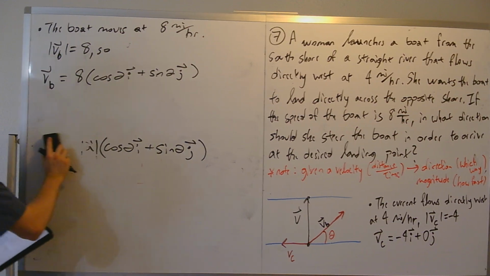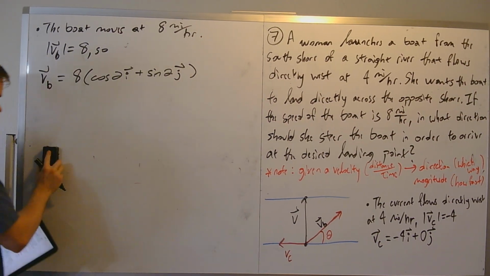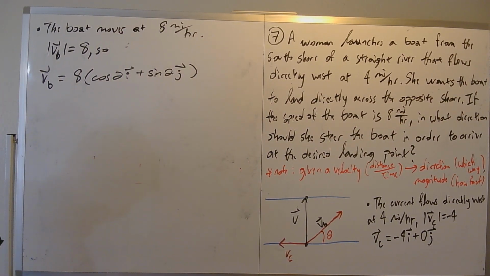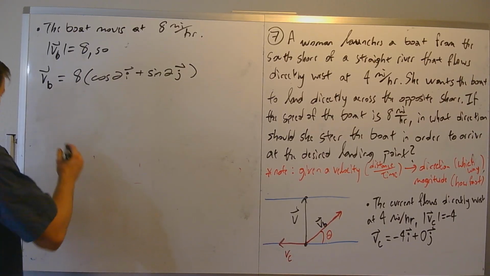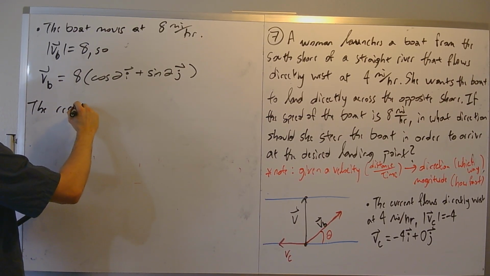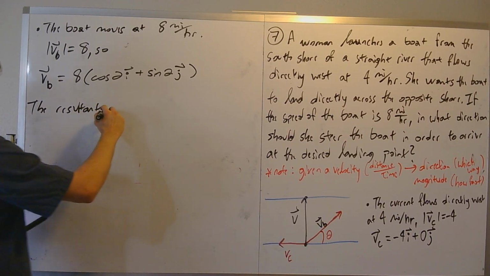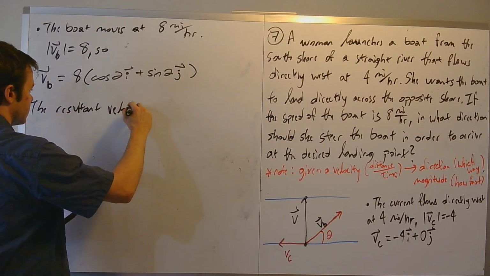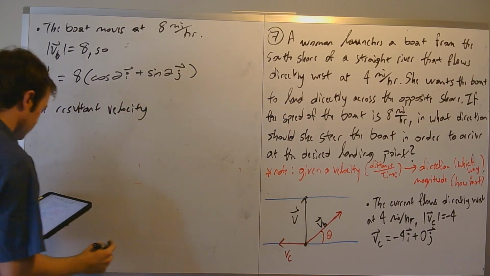So our next part of the problem is going to be to say the resultant velocity, sorry, not the resistance, the resultant velocity, so that's the vector v that we drew.